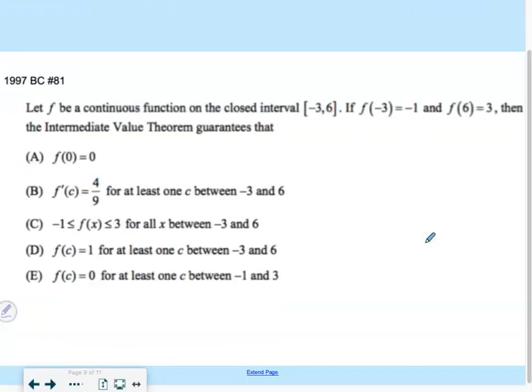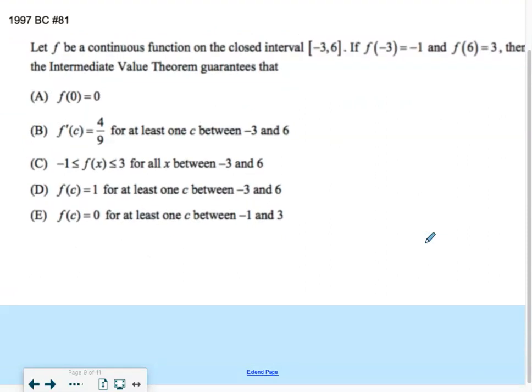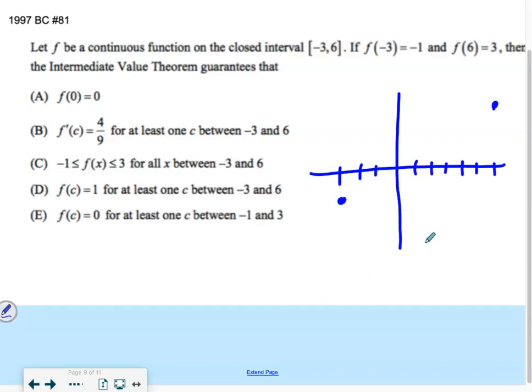It's not always guaranteed, that's why we eliminate. Just because this point is here and this point is here, does that mean f of 0 has to be 0? No, then it's gone, right? It didn't say it couldn't be, it just said it doesn't have to be, right? Guarantees means this has to be true. Okay, so that one's out.